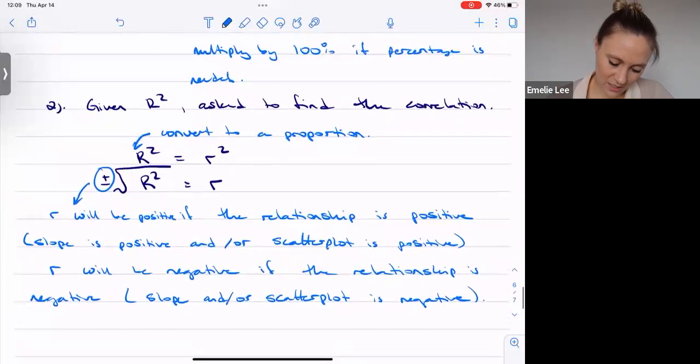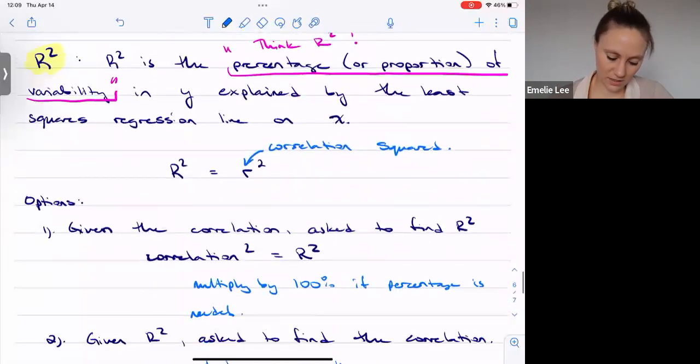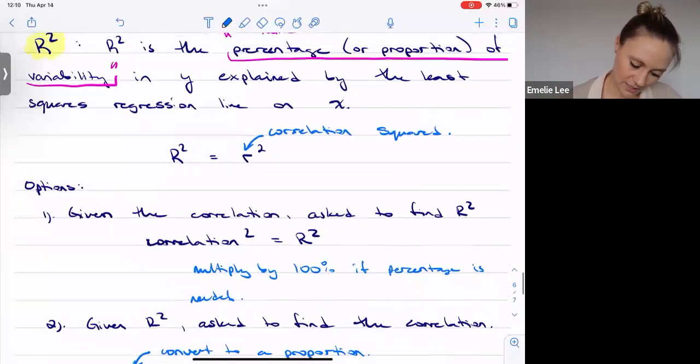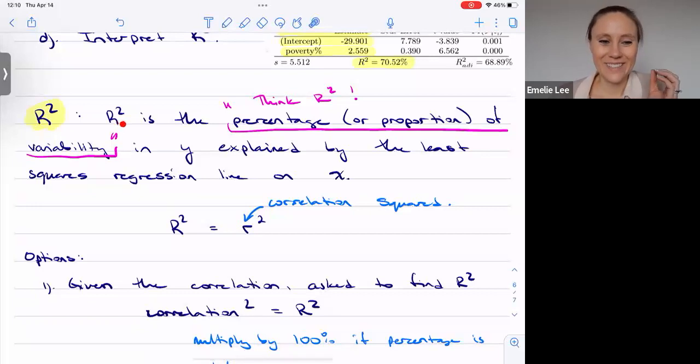So then, interpreting the R squared. In this case, I kind of got away from that. R squared, which is 70.52%, is the percentage or proportion of variability.